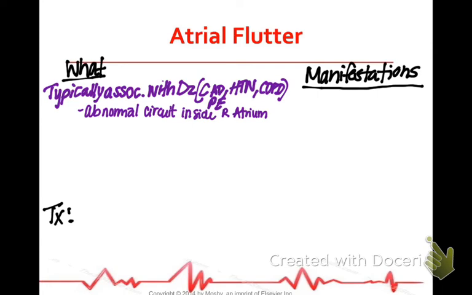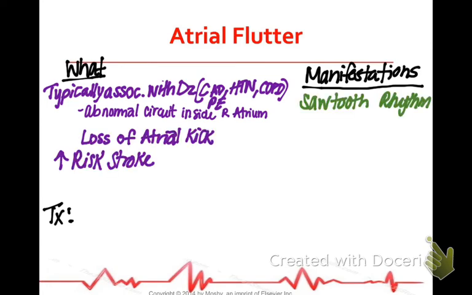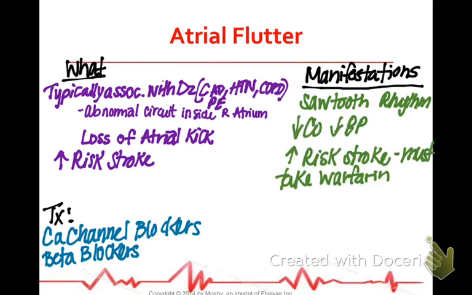Typically, it's associated with CAD, hypertension, COPD. Basically, there's an abnormal circuit inside that right atrium. So you're getting an abnormality, a circuit of conduction. It's not going through the normal conduction. So you have a loss of your atrial kick, and they have an increased risk of stroke too. Decreased cardiac output, decreased blood pressure, again, because it's going so fast, right?